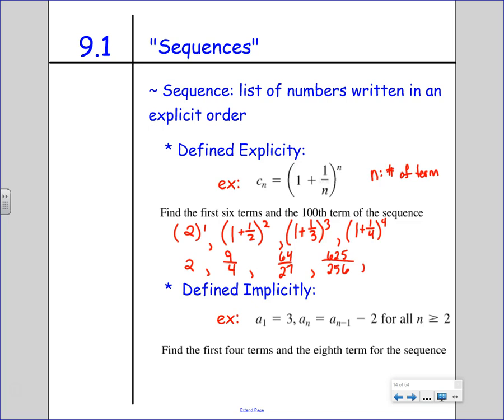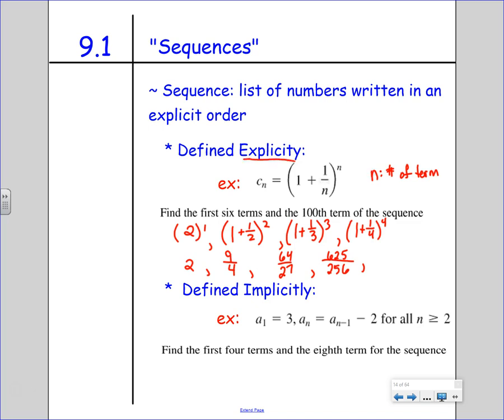Okay, is there any simpler way? There's no way we're supposed to do 100 of these. What do you mean 100 of these? It's just find the first 6. Pause. Do we need to find 99 to find the 100th? No, because what kind of formula is this? Explicit or implicit? Explicit.